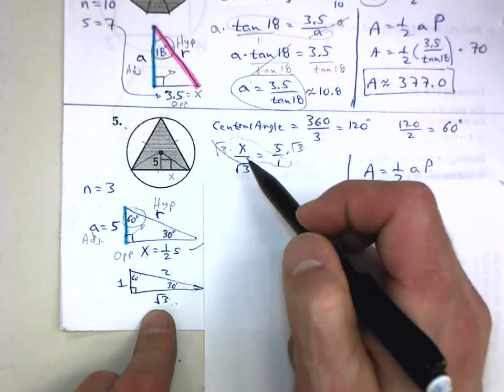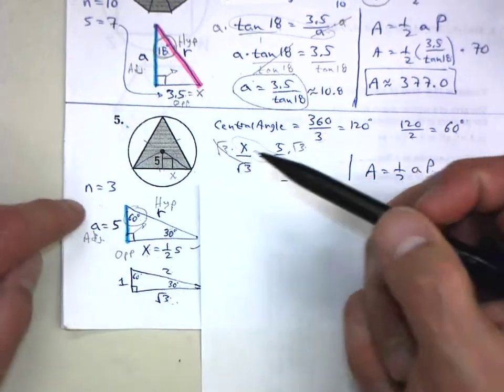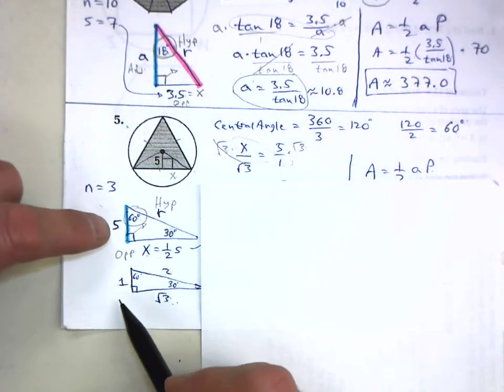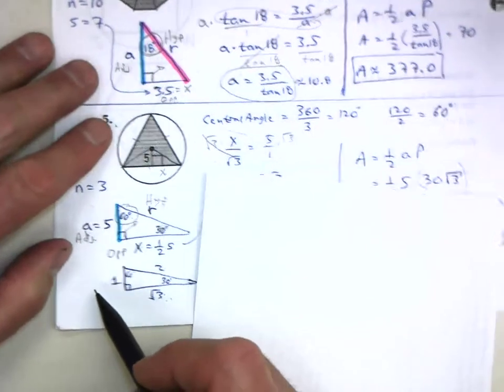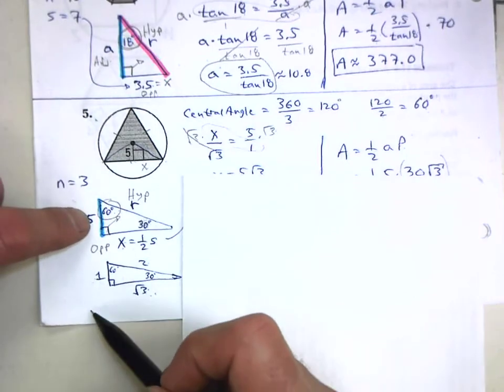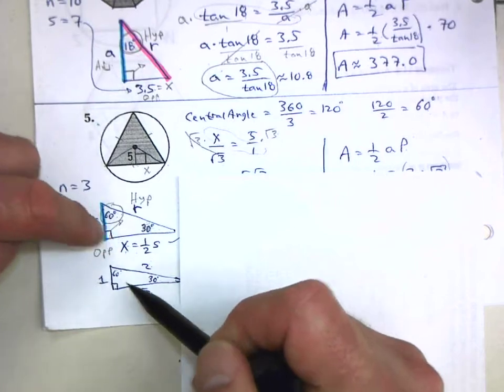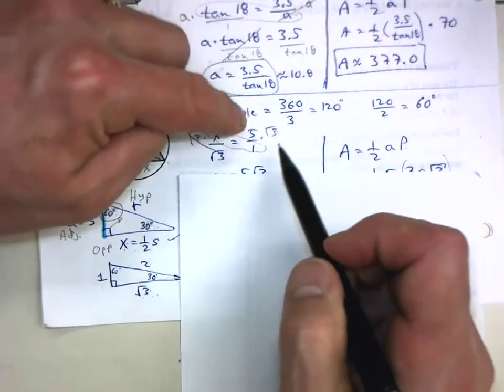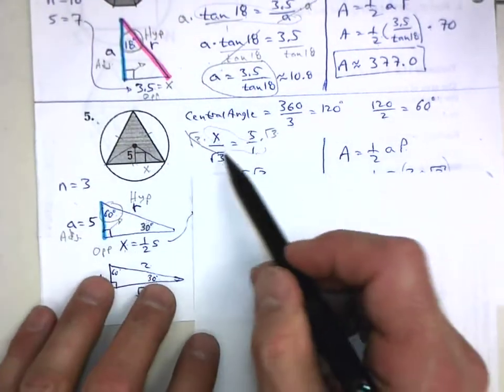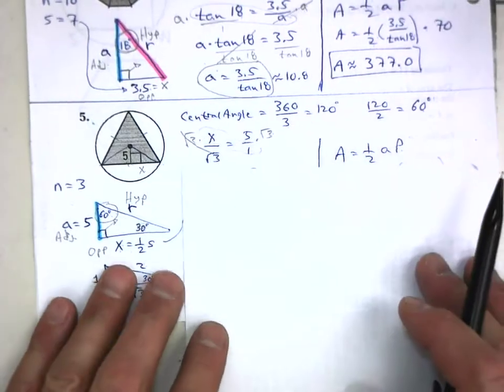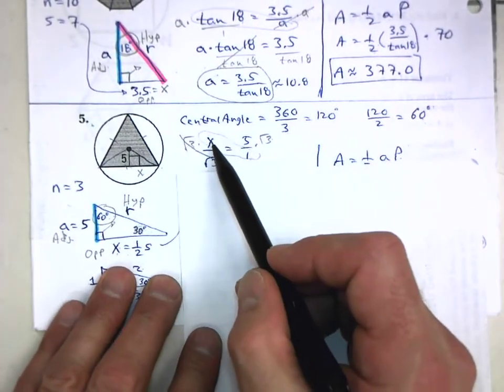So x over the square root of 3 equals two corresponding sides that I do know the length of: 5 over 1. So there's my proportion that enables me to solve for x.